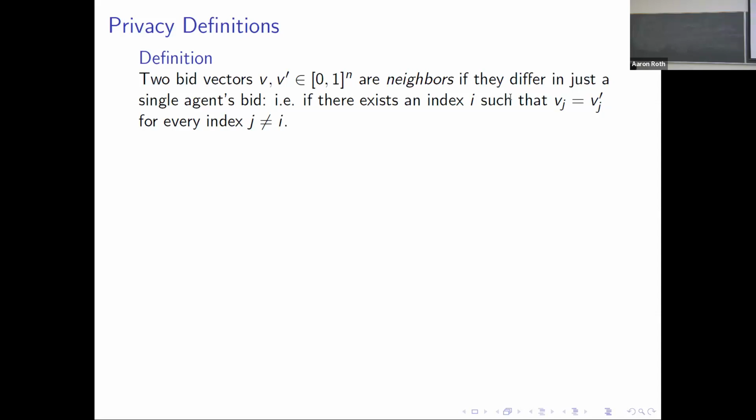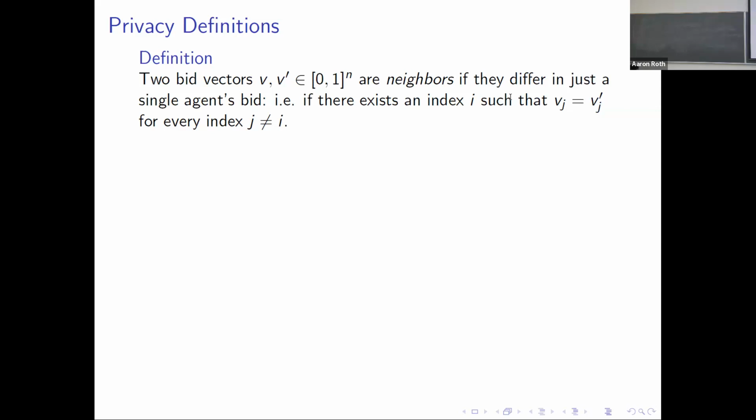If you think of the data that is input to the mechanism as the vector of bids, where your bid is your data, then consider the world in which you tell the truth and bid your true value, and the world in which you unilaterally deviate and bid something else to try to get some gain, but everything else stays the same. This is like, on the one hand, the data set that contains your true data versus the neighboring data set that is identical and doesn't contain your data. So that's the connection.